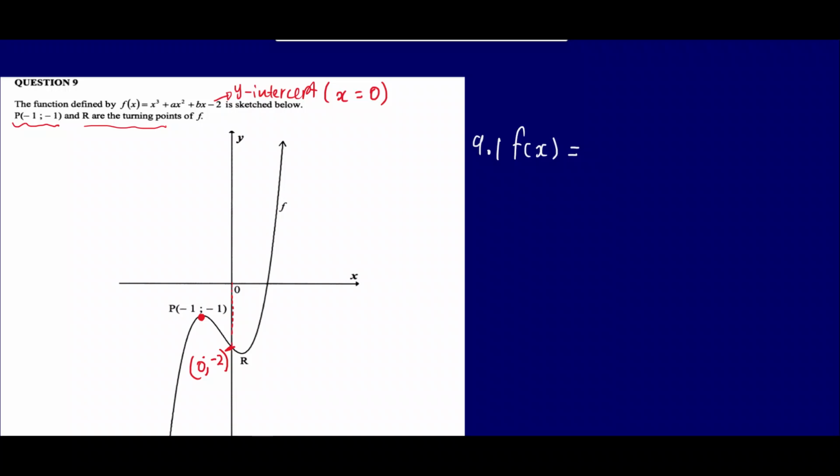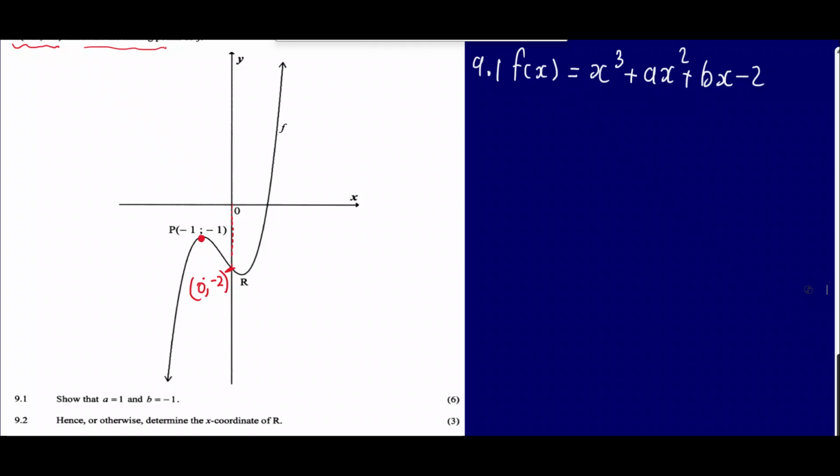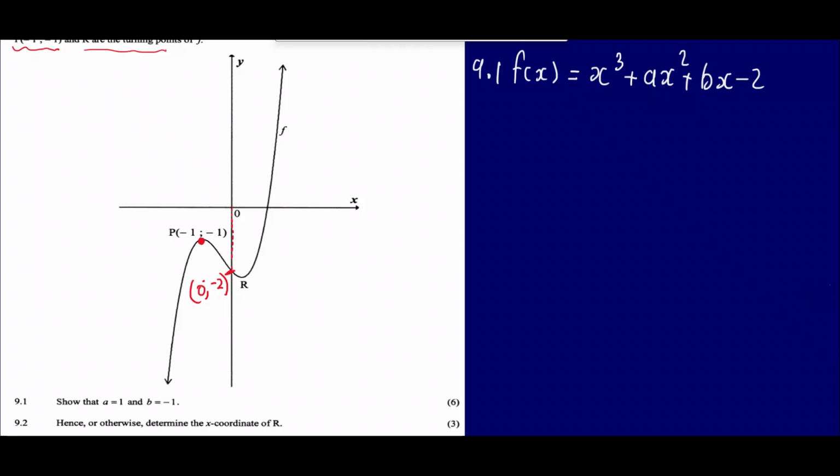F of x is equal to x cubed plus ax squared plus bx minus 2. So this is the equation, and the equation is given over there.